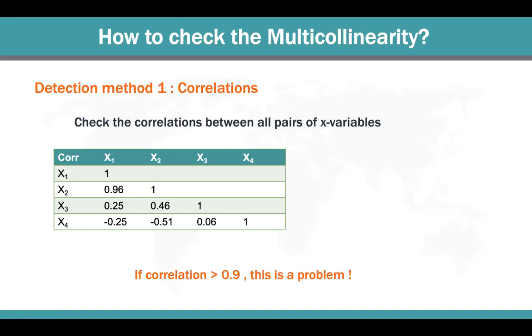When you're facing a real problem and some variables are quite important, even with high collinearity, it might be acceptable. So it depends on the real situation.